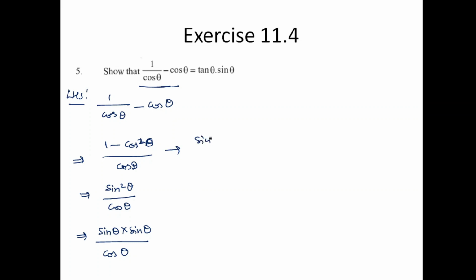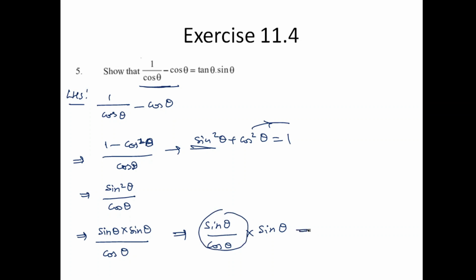This is your sine square theta plus cos square theta equals 1. I'm shifting the other to the other side, so this is left out, and I have written it in the numerator. Now this can be rewritten as sine theta by cos theta into sine theta, hence I am writing it in a single line. So this value can be written as tan theta into sine theta, which is your required RHS.